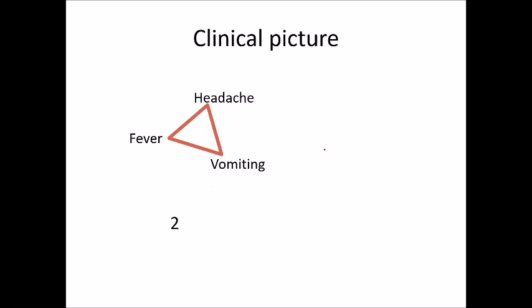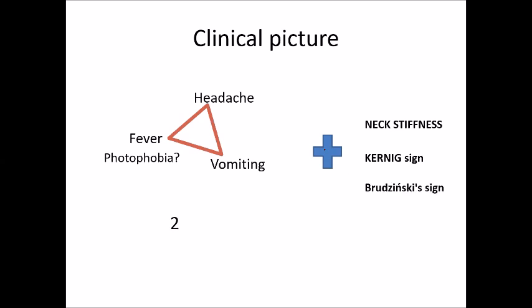Plus any two of photophobia, neck stiffness, and Koenig sign. So fever, headache, vomiting, sometimes photophobia, plus neck stiffness and Koenig sign, Brudzinski sign is most probably meningitis.